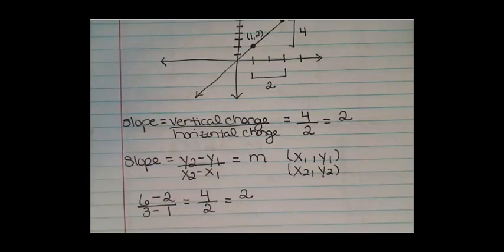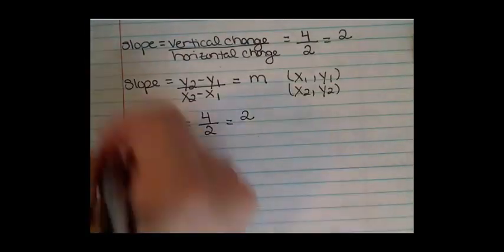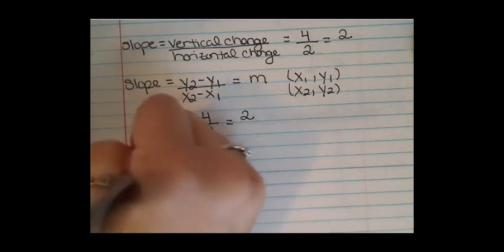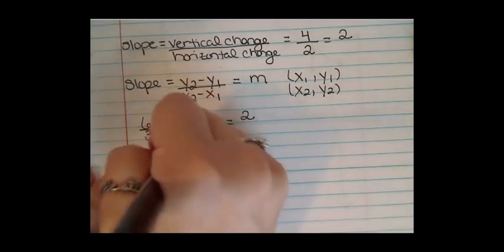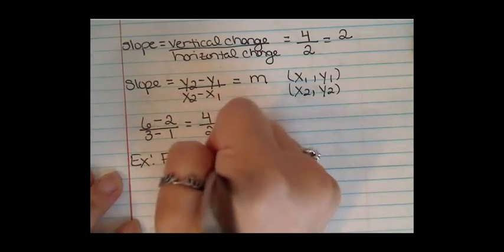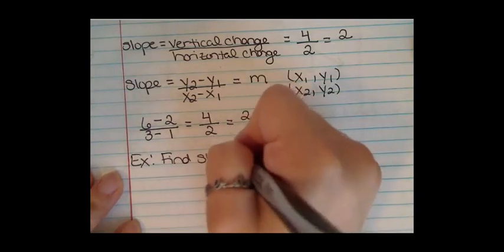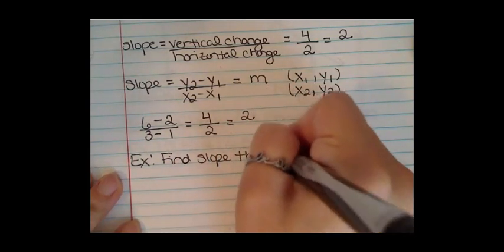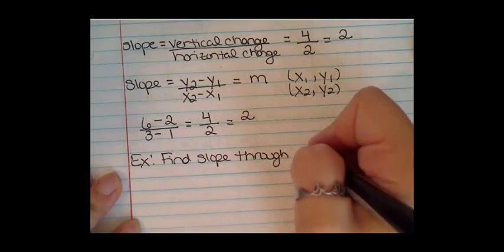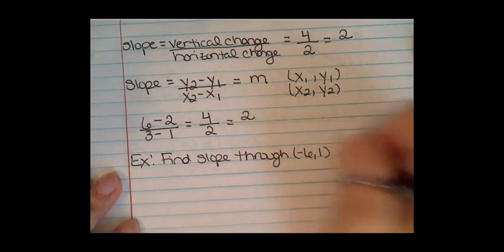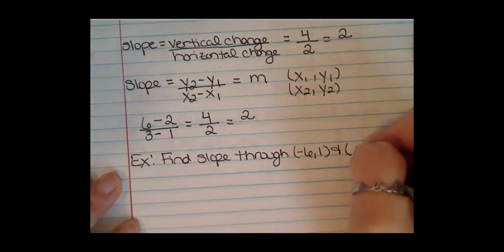Okay, let's do an example. You're going to find the slope through (-6, 1) and (3, 5).